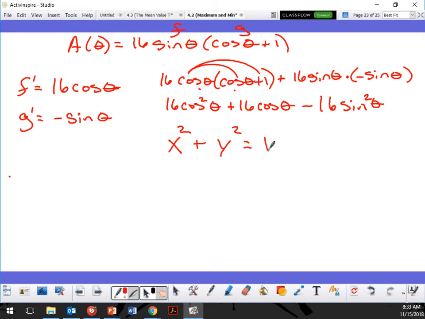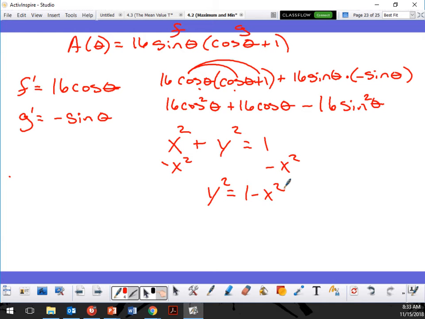So I'm going to make it into y squared equals something. So let's subtract x squared from both sides. So now I can get y squared is equal to 1 minus x squared. So in trigonometry terms, what does this actually say?